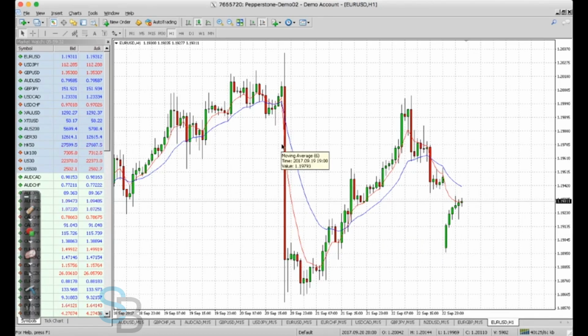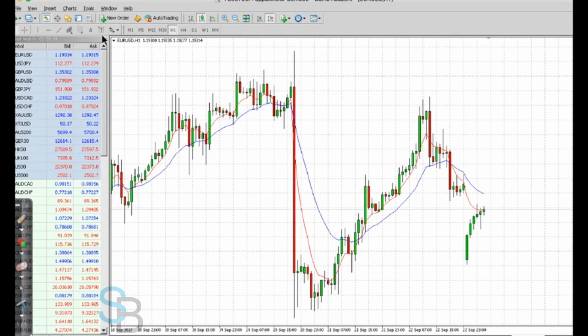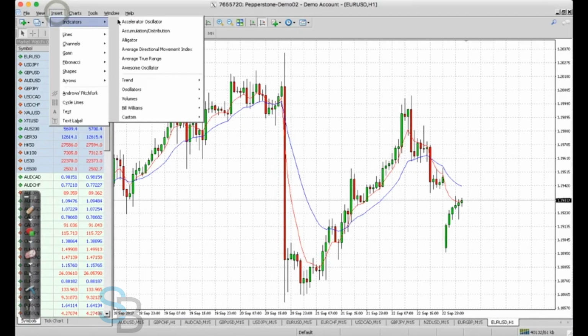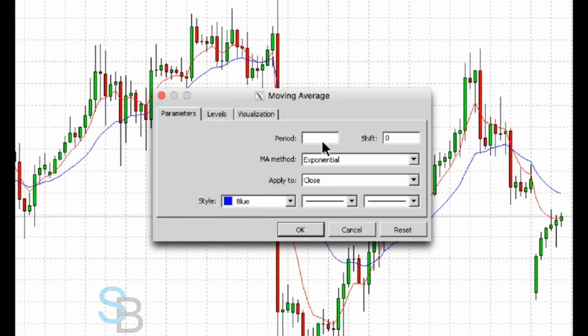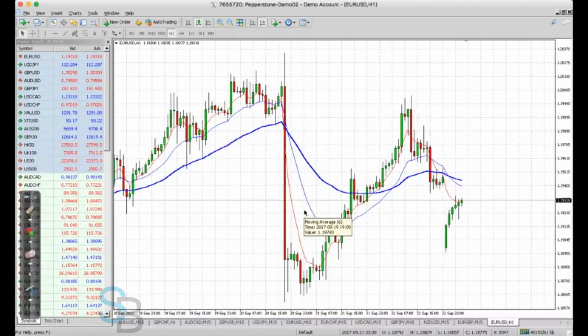Next, we're going to put in our 50 EMA. Insert indicator, trend, moving average, 50. Now for 50, it's going to be blue as well, but it's going to be a thick line. There we go. That's our 50 moving average.